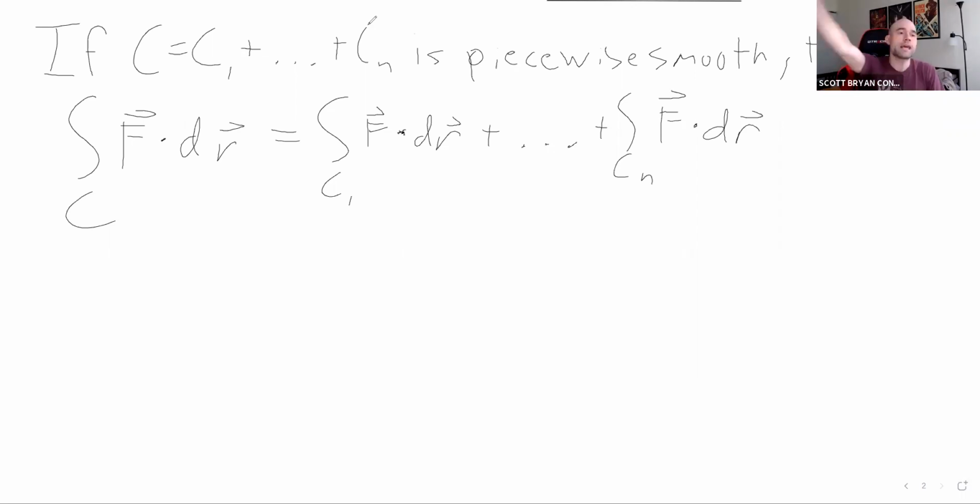So the point is, you can't parameterize a piecewise smooth curve with a single function. You have to break it into pieces, each of which can be parameterized by a single function. And then we integrate over each of those pieces and then add them up.